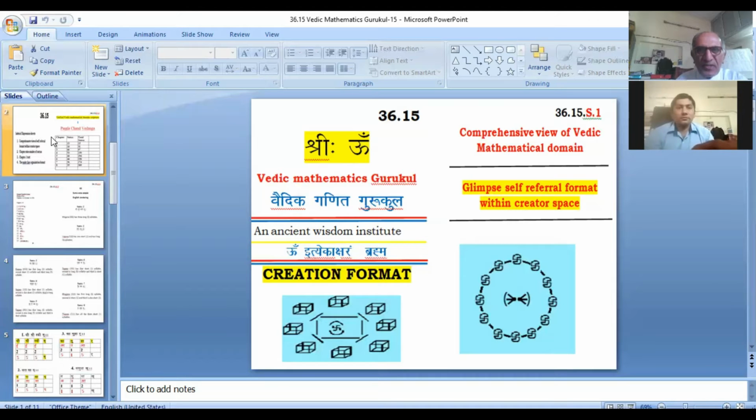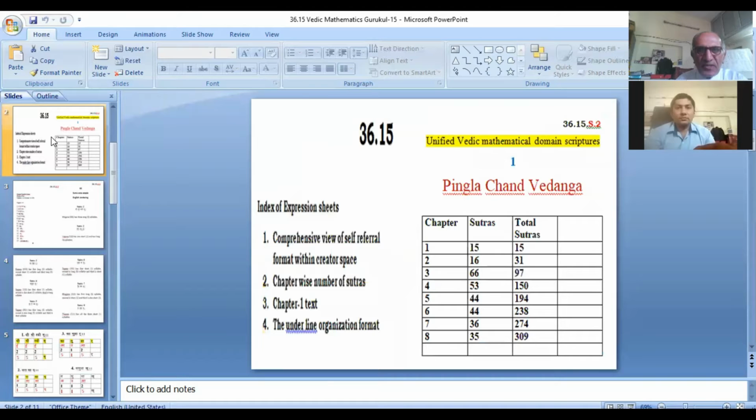This scripture, as we have seen, is a scripture of 8 chapters running over 309 sutras in all. Of this, chapter 1 is of the range of 15 sutras.